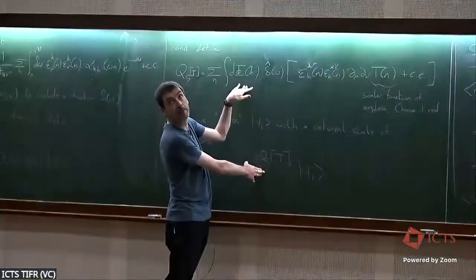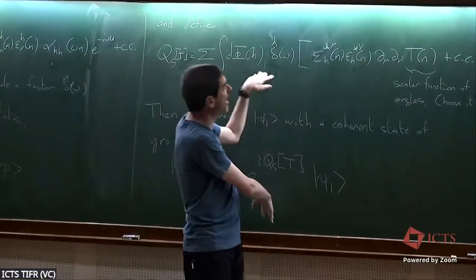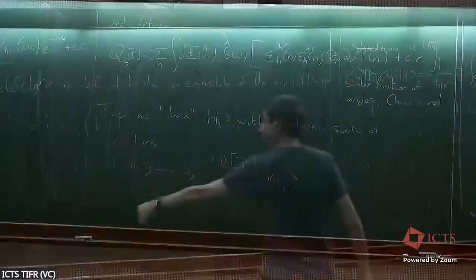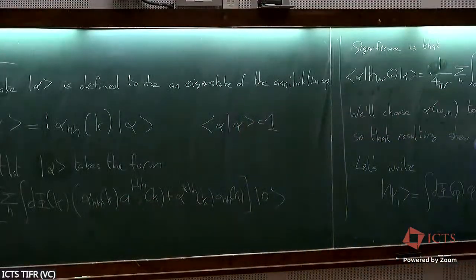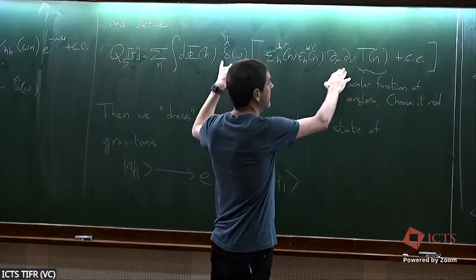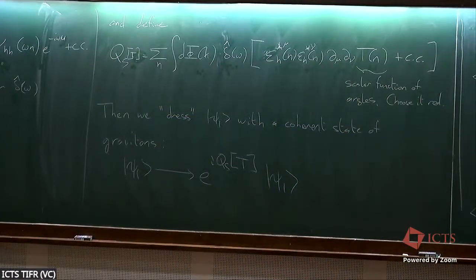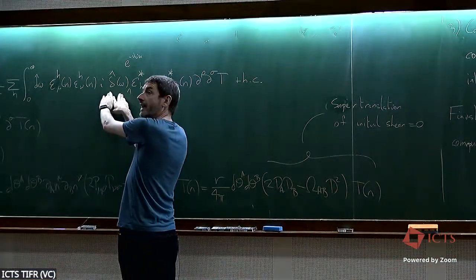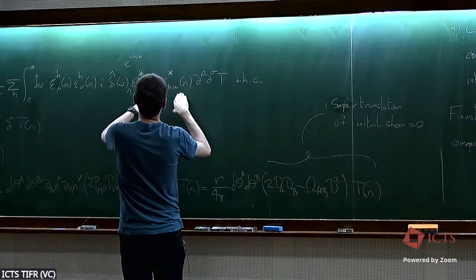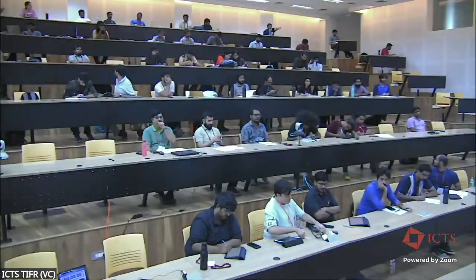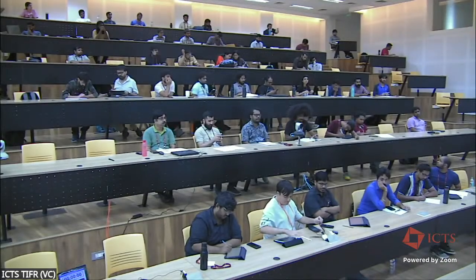This e to the IQ S of t is making a coherent state, and the parameter of the coherent state is this alpha. We can read it off from this QS. It has this delta of omega, this epsilon, and the derivatives. So I replaced the expectation value of A by the delta, the epsilon, and the derivatives. Why doesn't the QS have any operator?